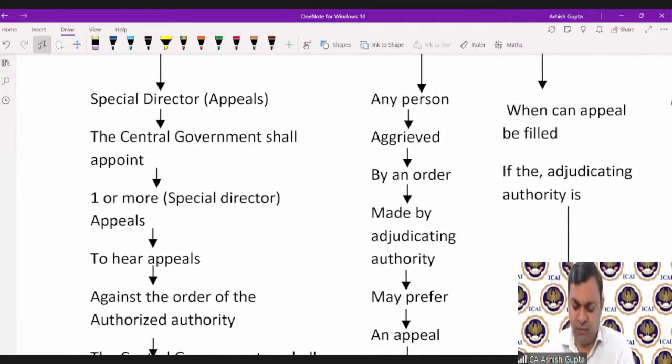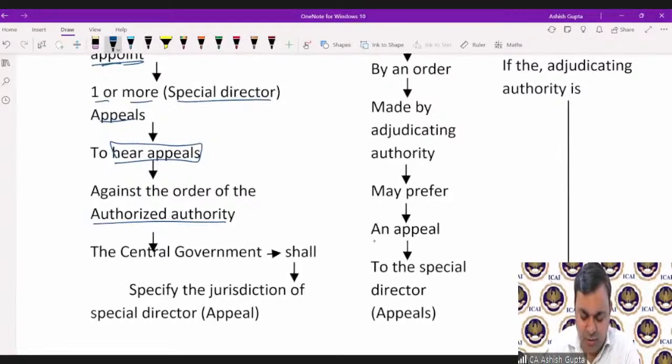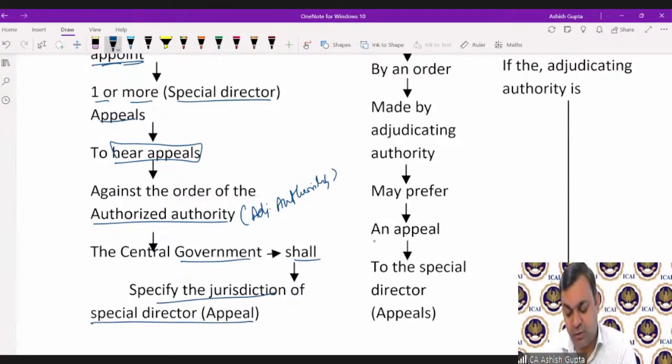The central government shall appoint one or more Special Director Appeals to hear the appeal against the order of the authorized authority, meaning adjudicating authority. You can write here also, adjudicating authority, and it is the duty cast on the central government by the Act that they need to specify the jurisdiction of that authority, right?